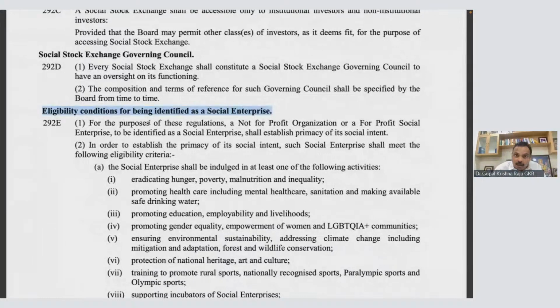Yes. NPO or FPSC to be identified as a social enterprise shall establish POSI, primacy of social intent. There must be intent first. Then only how you will achieve that intent and what impact you will create. That's the next. Intention first.